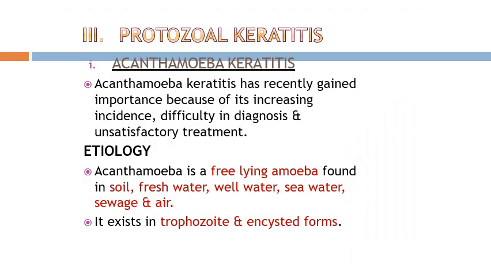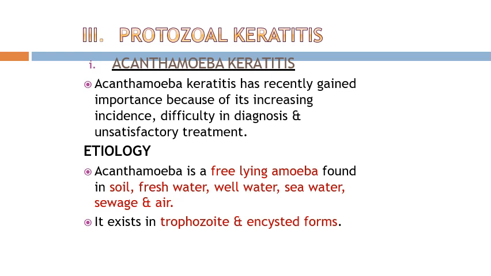So coming to the protozoal keratitis, the most common amongst this is the acanthamoeba. Nowadays we find this keratitis mainly in the contact lens wearers, because nowadays the contact lens users are many. So we should be aware of this keratitis and the proper use of contact lenses.